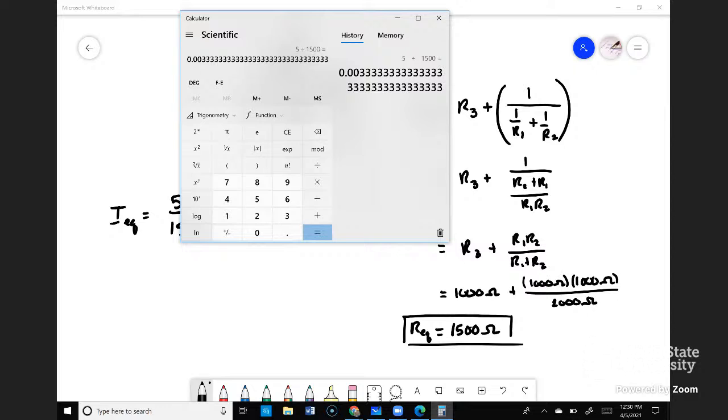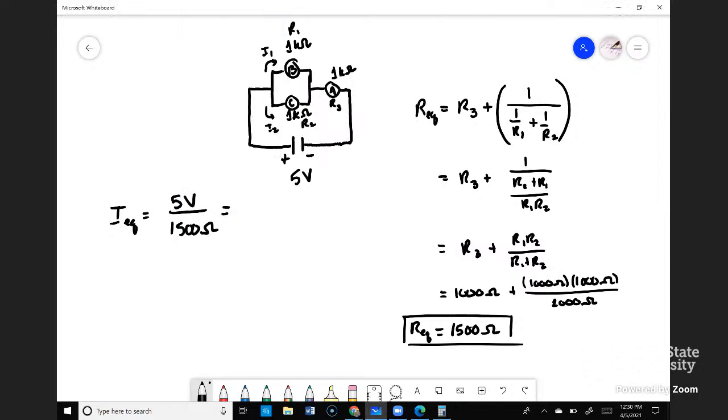And so we get 3.3 milliamps. So there's 3.3 milliamps running through this entire circuit that then branches off to B and C, but it runs through A. So we can figure out already, just by sheer analysis, what the power is through that resistor right there.